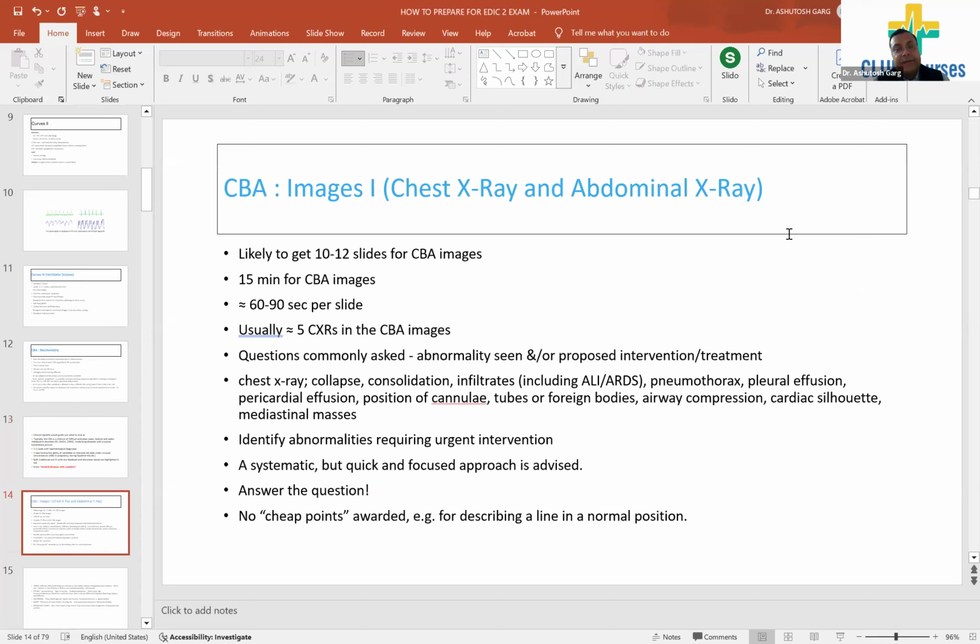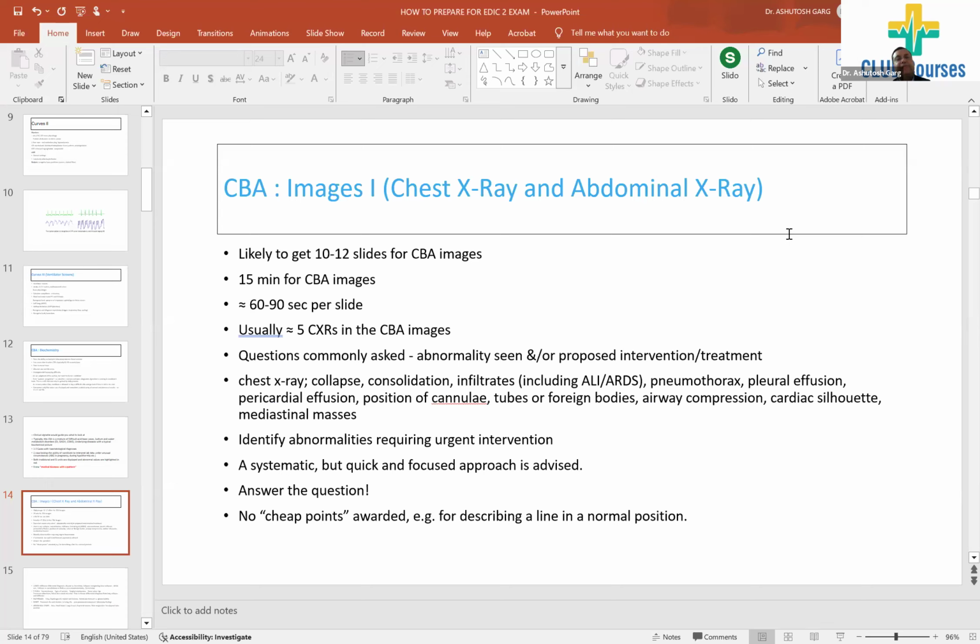Then the imaging part. In the imaging part, there are 10 to 12 slides for the computer-based assessment images, 12 to 15 minutes for CBA images. So you can get 60 to 90 seconds per slide. And usually 4 to 5 chest x-rays in the imaging section. The question normally asked is, what is the abnormality?